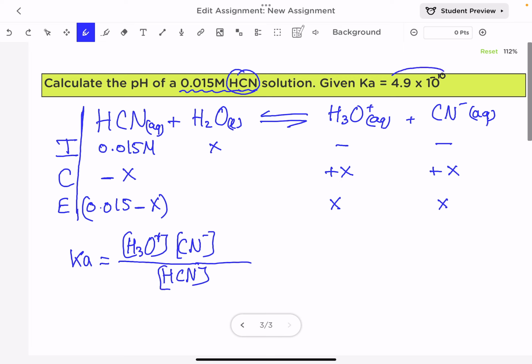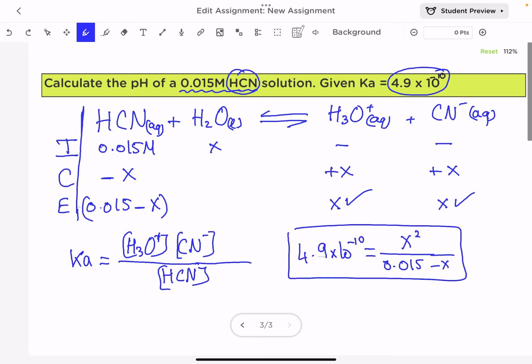Now, because this is a weak acid, we will have a given Ka. If in the question you don't see a given Ka, this is most probably because the acid given is strong. So if we substitute 4.9 times 10 to the power negative 10, the concentration of H3O+ is X and of CN- is X. So it becomes X squared divided by 0.015 minus X.